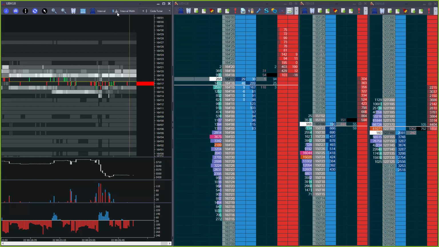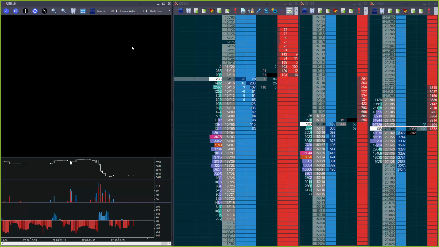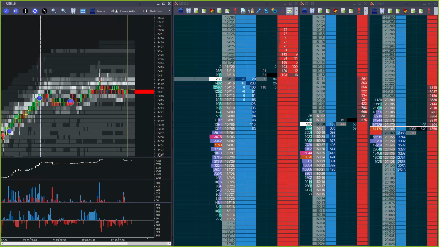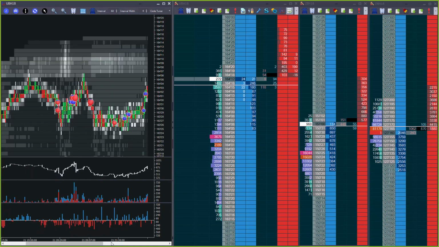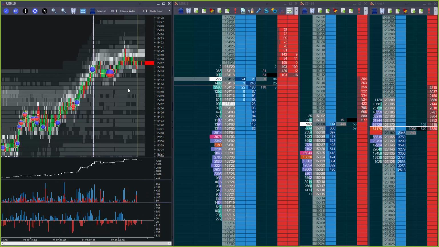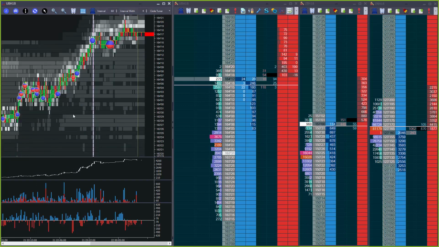Let me just make that a bit bigger, 60. Right, so pretty much that was the move, basically. So there isn't really much on the treasuries.